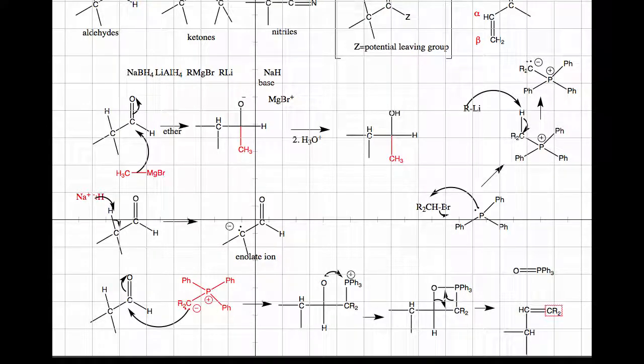So the Wittig reagent allows us to make a CC double bond where there didn't used to be one before, in particular right down here in the middle. What used to be on the two ends of the CC double bond, one end was the aldehyde, and the other end was the carbon that gets transferred from the Wittig reagent.